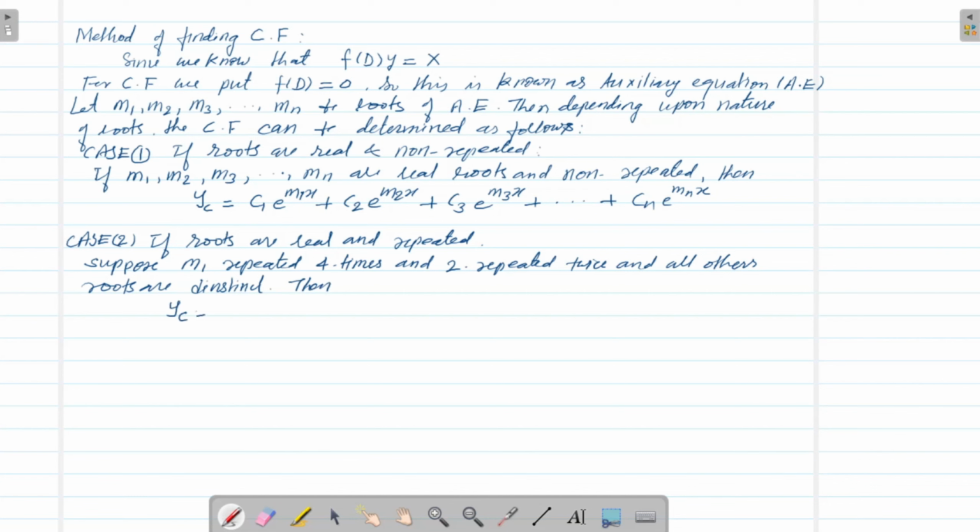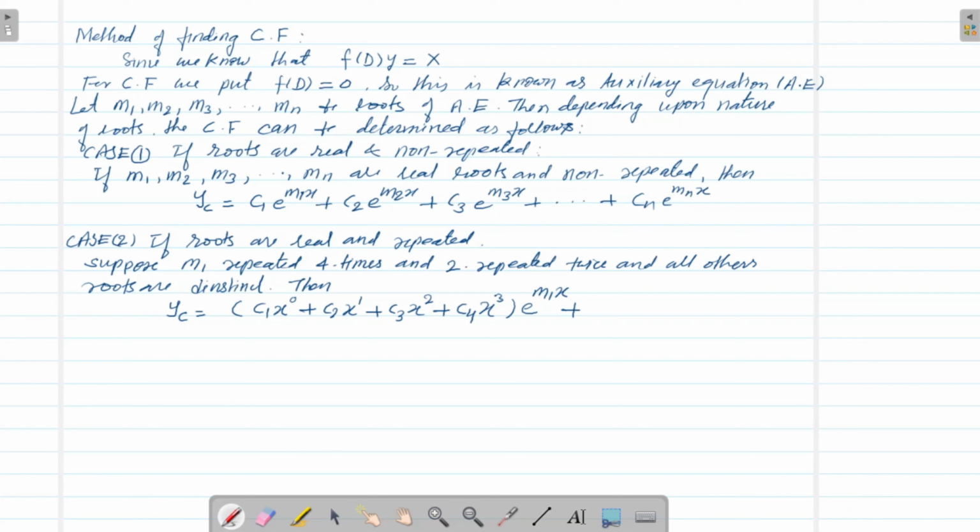For m1 repeated 4 times, we write c1 x raised to 0 plus c2 x raised to 1 plus c3 x square plus c4 x cube, into e raised to m1x. So this is for the root m1. Plus the second part, for m2.